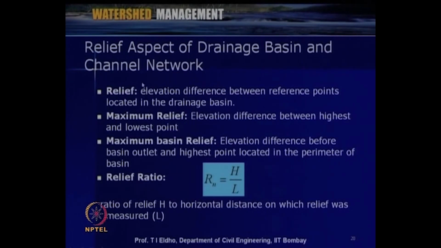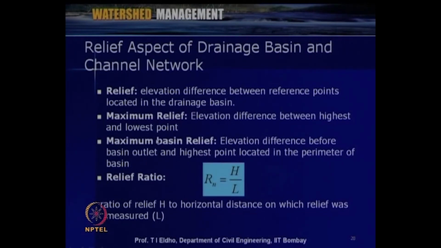Now, the last aspect is the so-called relief aspect, which is based upon the elevation. Relief is the elevation difference between reference points located in the drainage basin. Maximum relief is the elevation difference between the highest and lowest points within the watershed, and maximum basin relief means the elevation difference between the basin outlet and the highest point located on the perimeter of the basin.